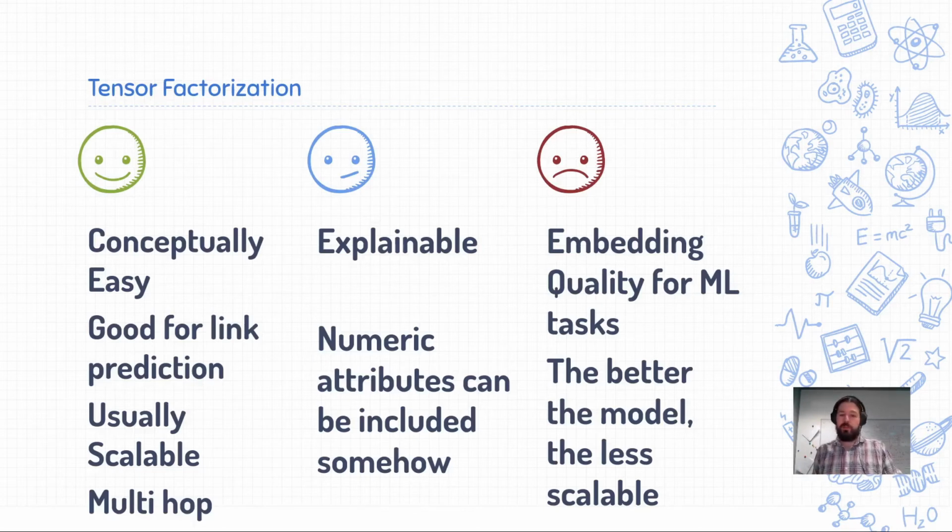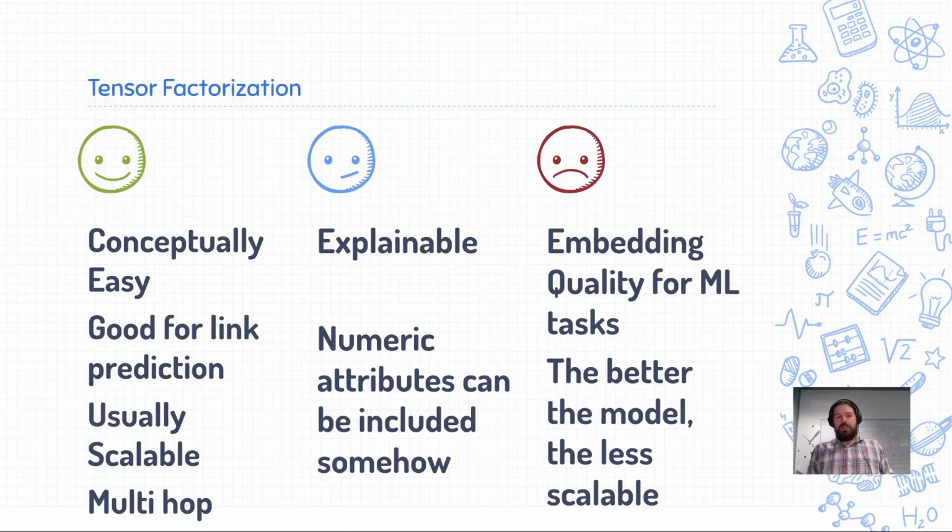It's also usually scalable because it makes use of very powerful linear algebra operations. They can at least encode some multi-hop information. To some extent they're also explainable, so you can say why certain edges have been predicted, and you can backtrack that. And there is some way of including numeric attributes, something which was not really possible with the translation-based methods.